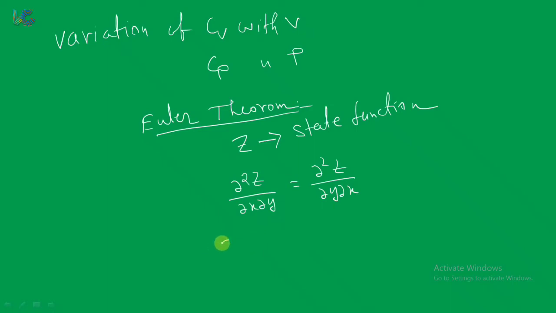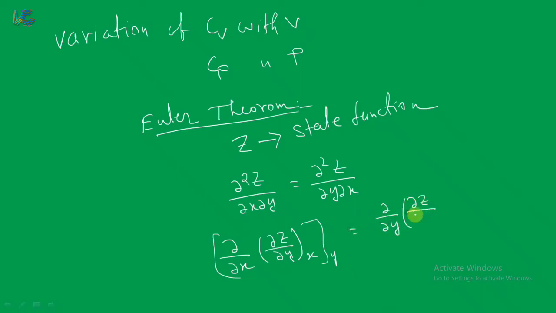That means ∂/∂x of (∂Z/∂y at constant x) at constant y is equal to ∂/∂y of (∂Z/∂x at constant y) at constant x.